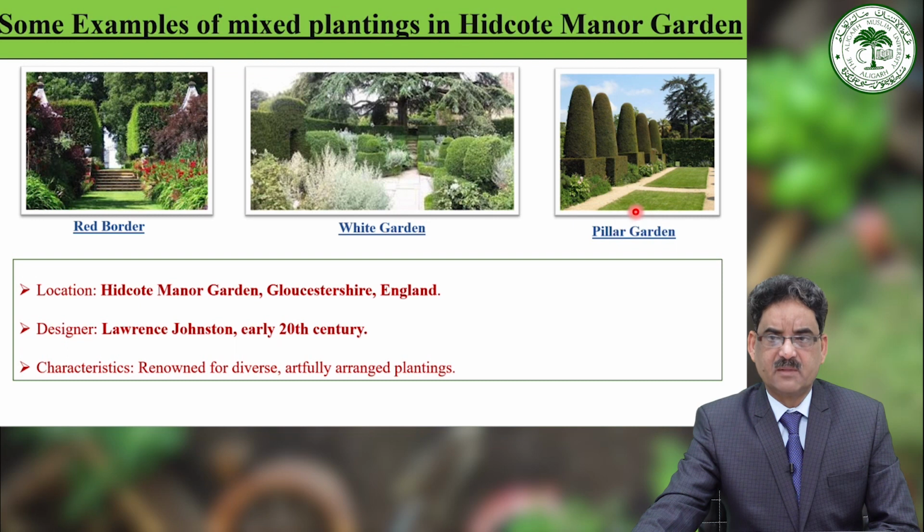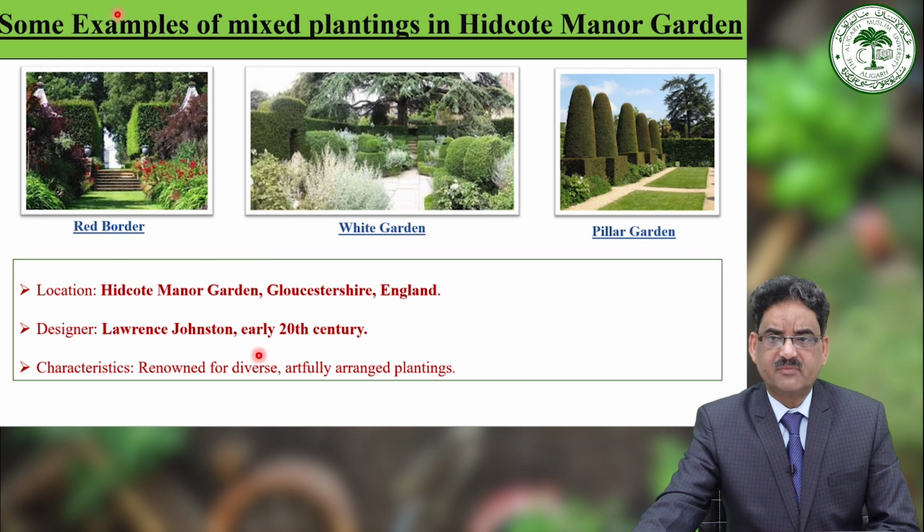And this last image is the pillar garden. It features mixed climbing plants and perennials. This area highlights the vertical elements with roses, clematis, and other climbers, complemented by long growing plants.